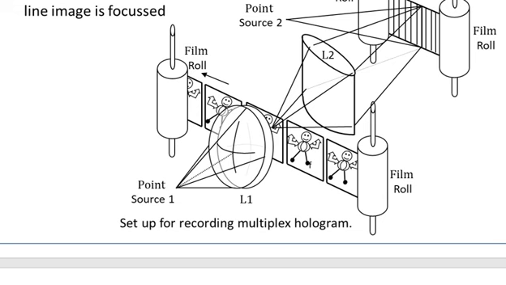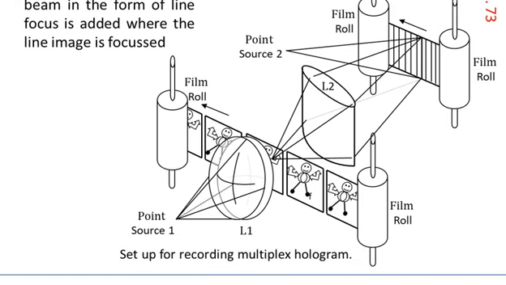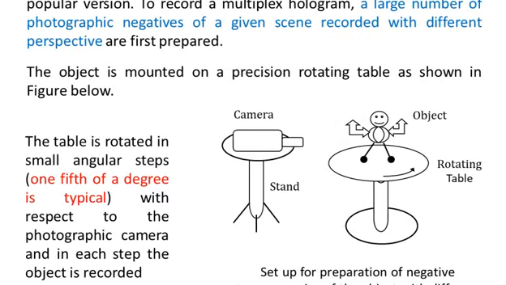You have a point source 1 which illuminates the lens L1 with a spherically diverging beam, and the lens L1 converts that spherically diverging beam into plane waves, and these plane waves pass through the photographic negative which we have prepared using this setup.